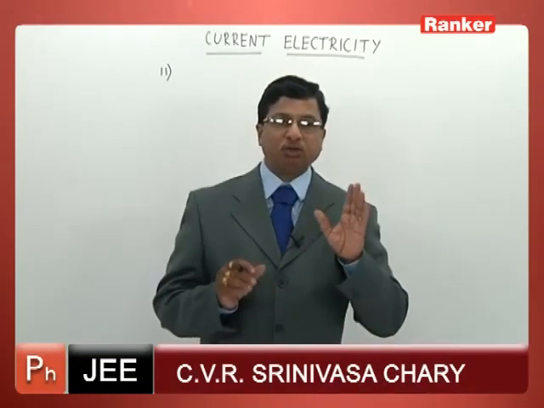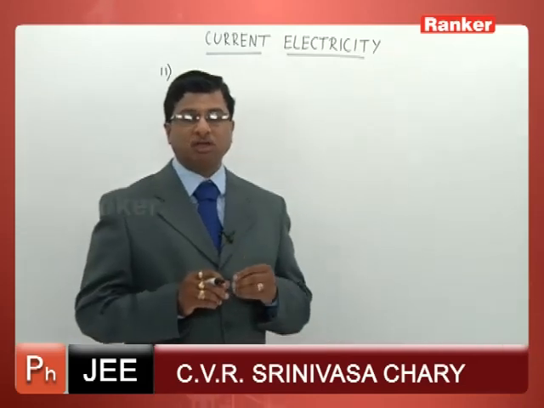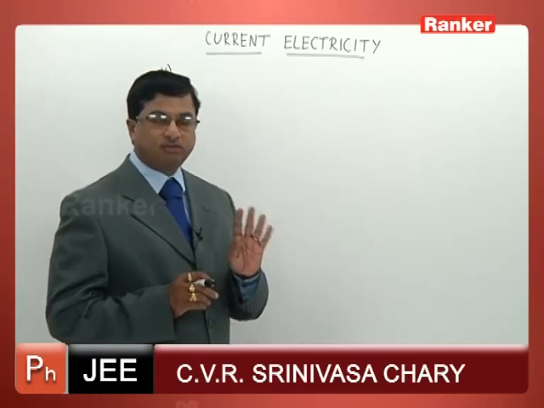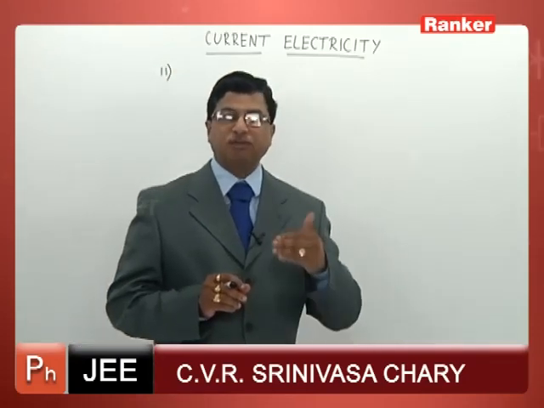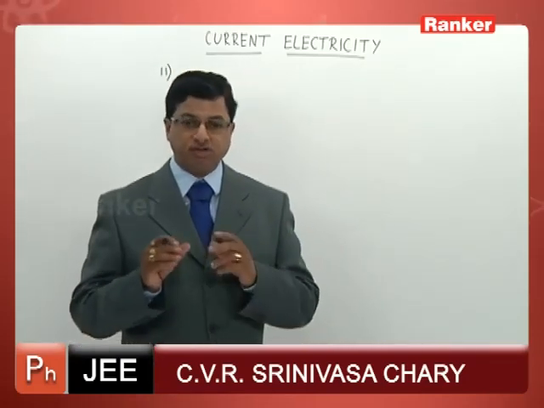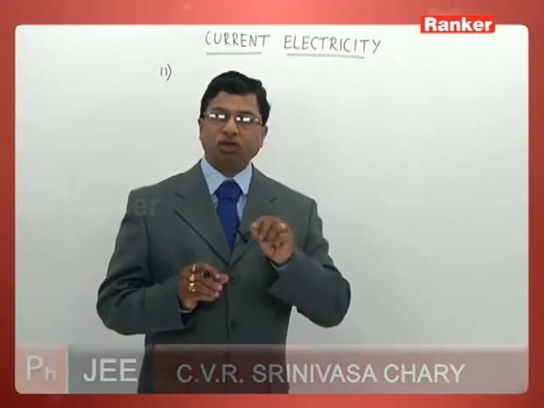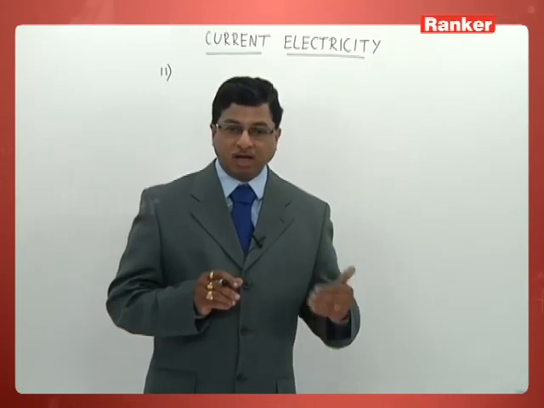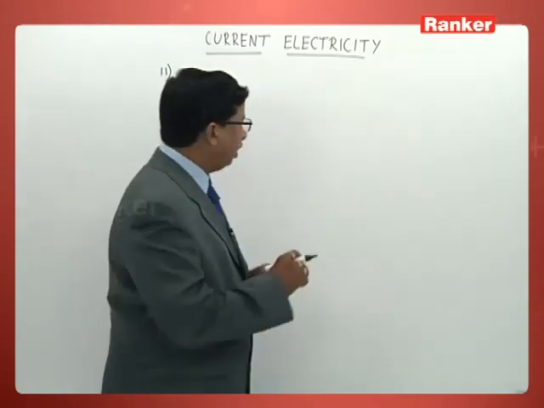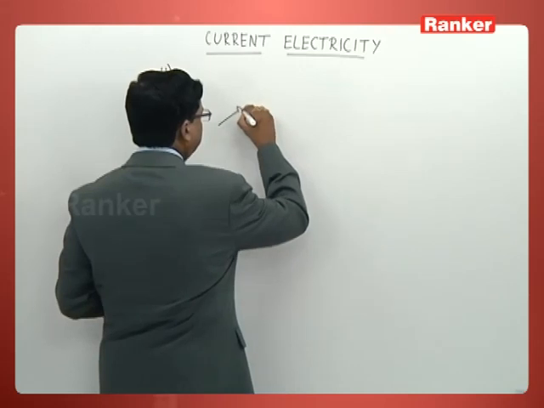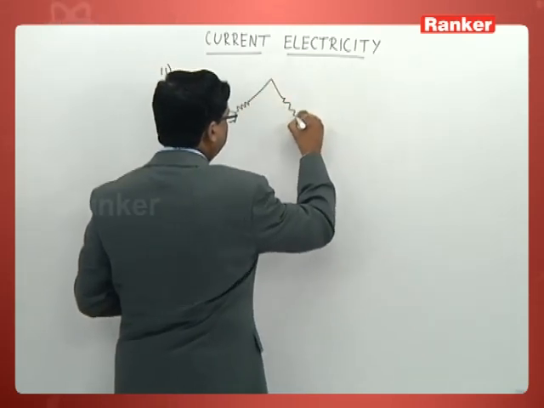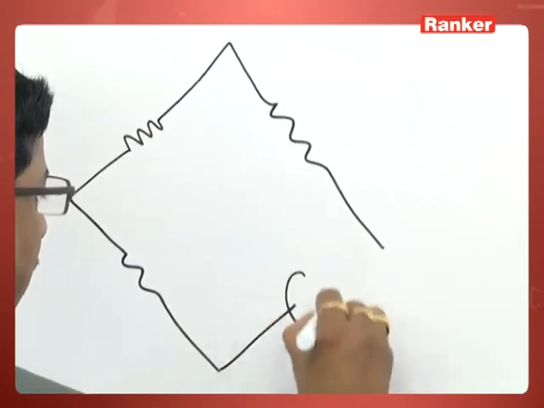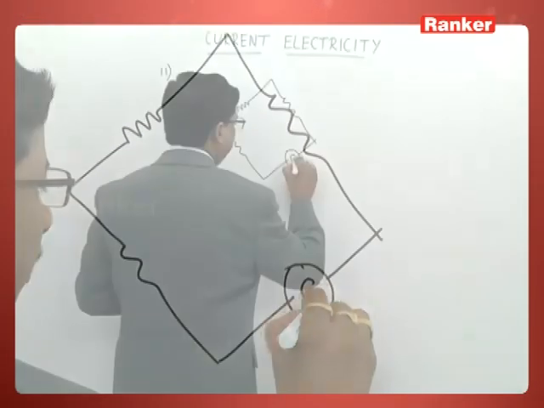What is the circuit given? Let me first of all draw it here. He is just giving you four resistances connected in the form of a Wheatstone bridge. Those four resistances are given as P, Q, R and G. This is one resistance, this is the second, this is the third, and here he has given a galvanometer.